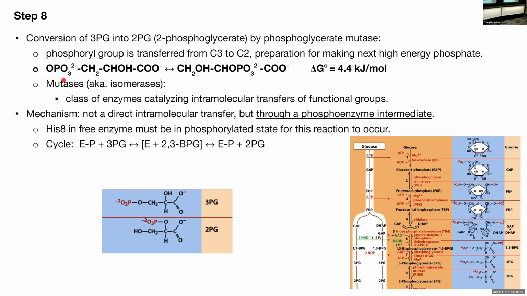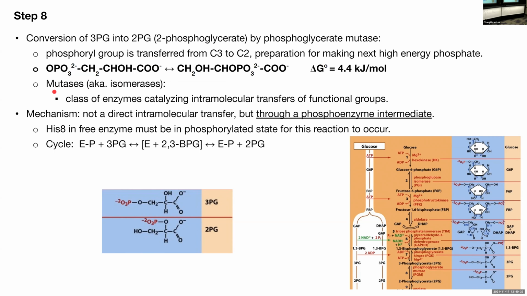And this is the reaction here, with the delta G value a little positive, right? So again, it should be coupled with the other reaction that happens after step 8, to push this reaction forward.